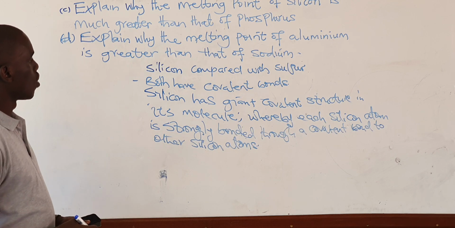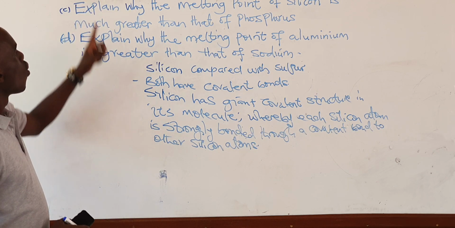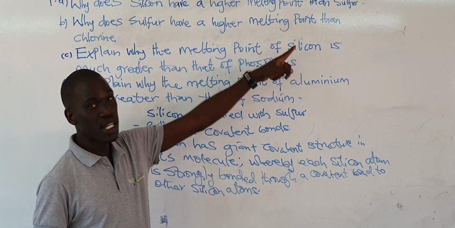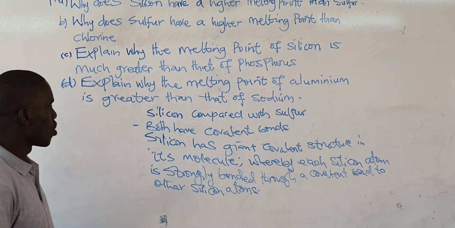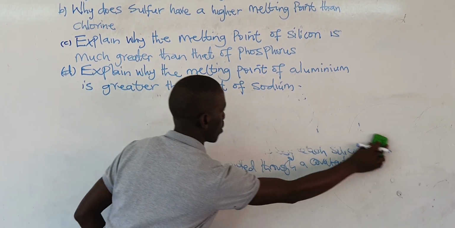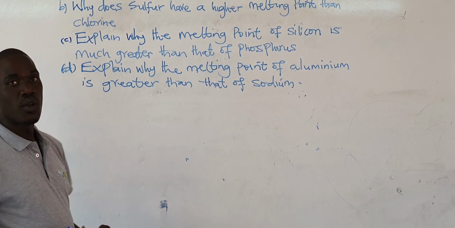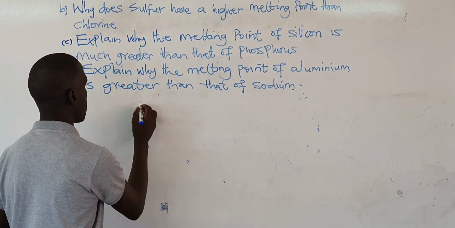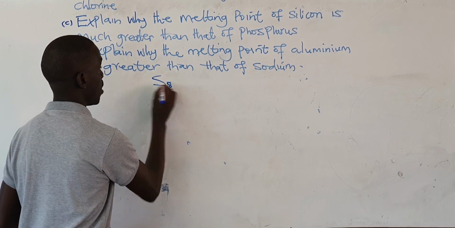So, we can go to the second question. Why does sulfur have a higher melting point than chlorine? You're going to look at the two atoms. When you look at a molecule of sulfur, we write it as S8.